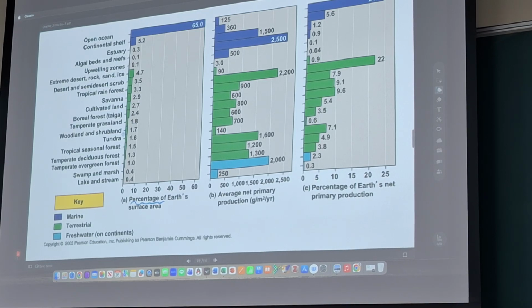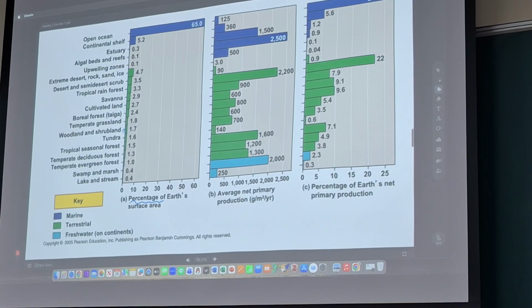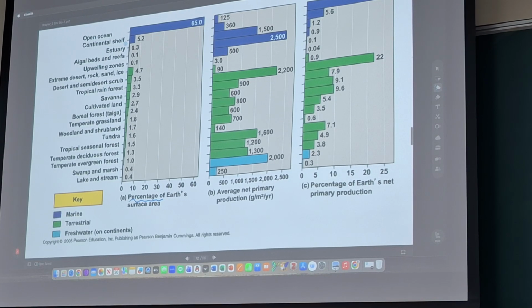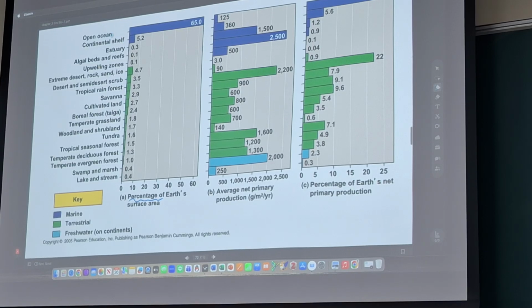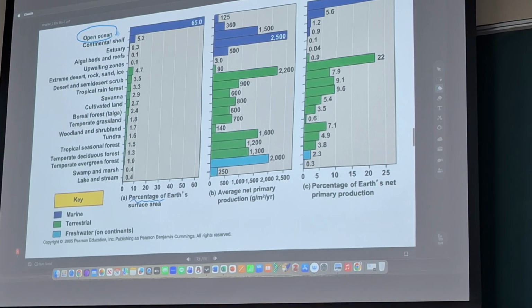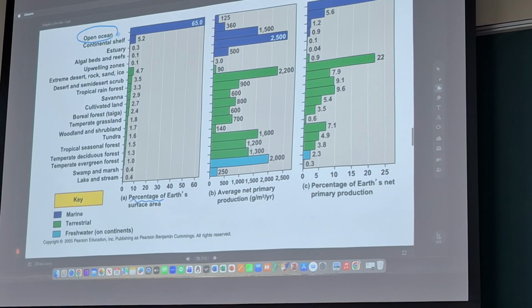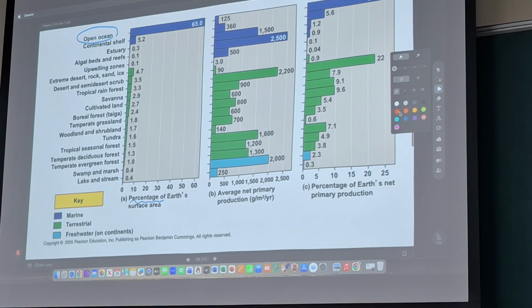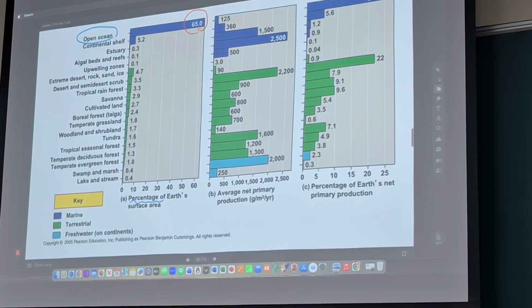This tells us how much area each ecosystem covers. So in this one, on Earth you can see that the open ocean occupies about 65%.